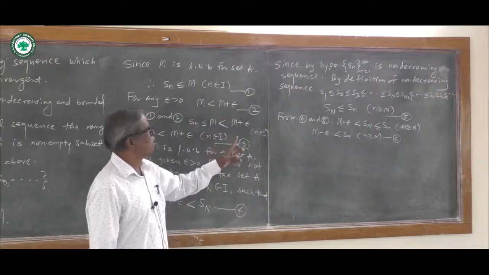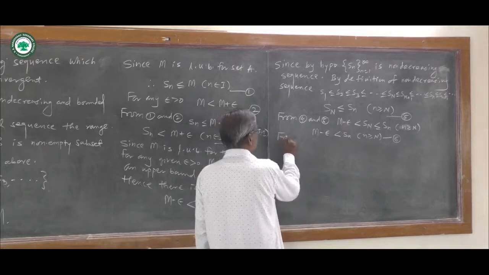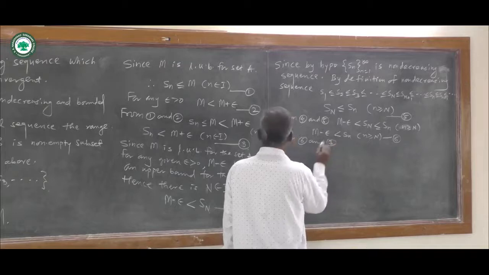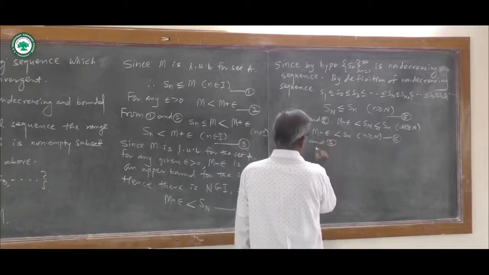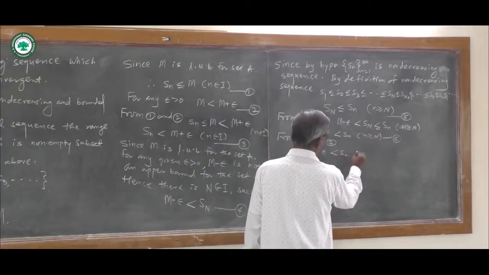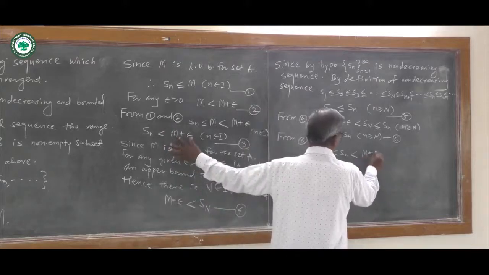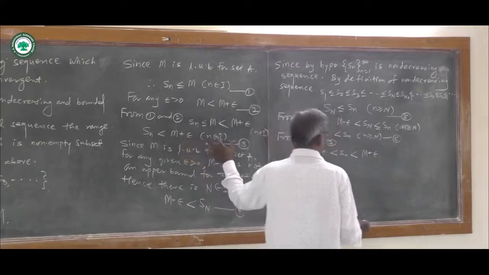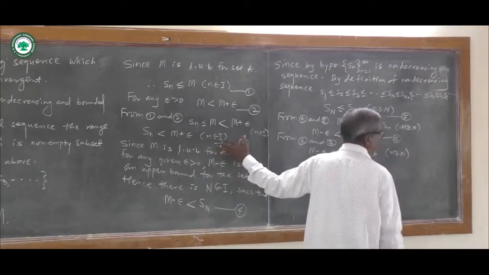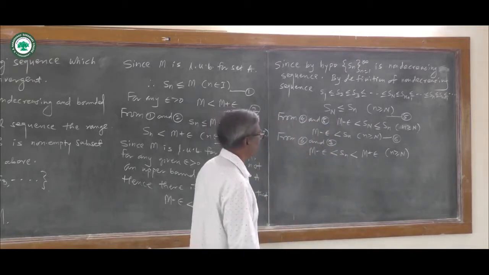Therefore, from 6 and 3 we write capital M minus epsilon less than Sn, and this Sn is less than capital M plus epsilon. And this is true for all small n greater than or equal to capital N.